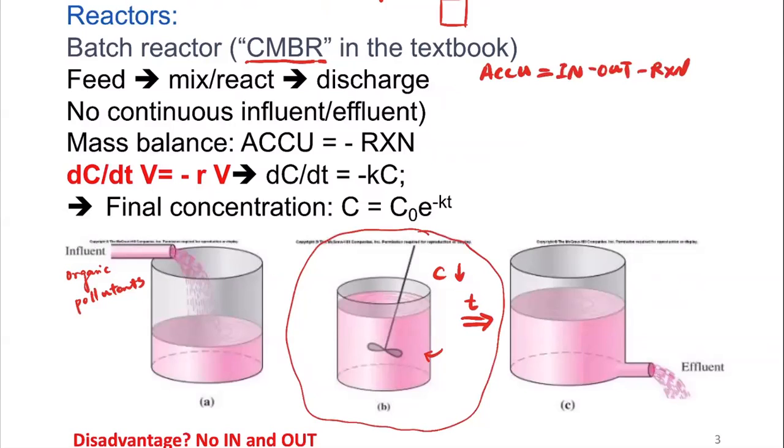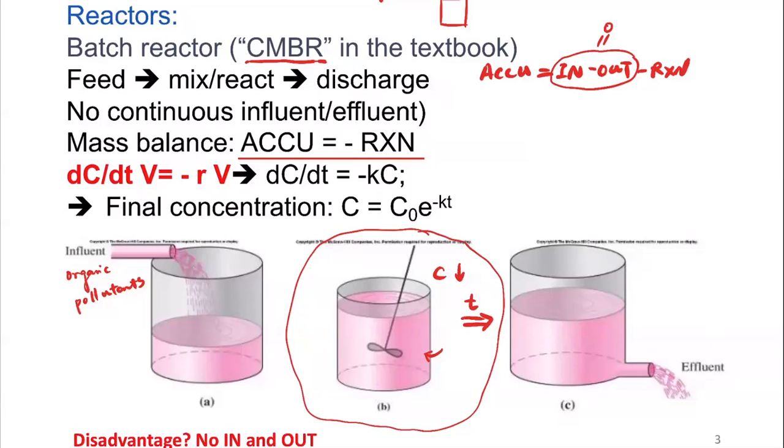At this stage, there's no inflow or outflow. So this is just pure reaction of this pollutant here, right? So we don't have these two terms. These are going to be equal to 0, right? So basically you just have accumulation term equals the negative of the reaction term.